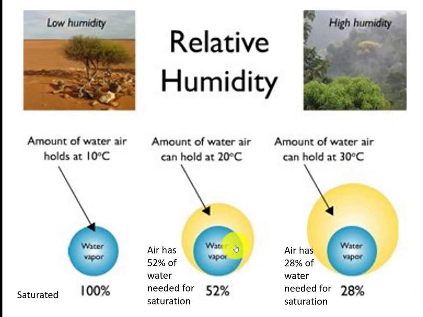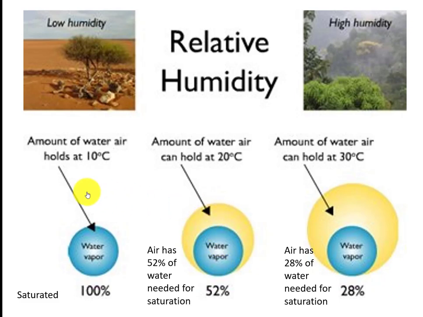If we start in the middle, you can see that the blue circle is smaller than the yellow circle, and this is indicating that there is more capacity than water vapor in this example. In fact, there's 52% of water that would be in this parcel of air. 100% would be saturation.